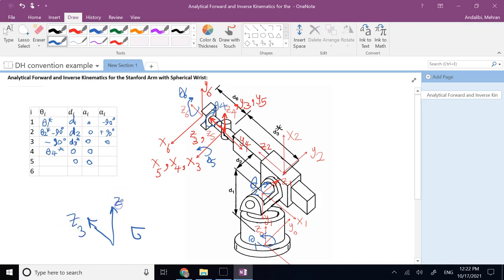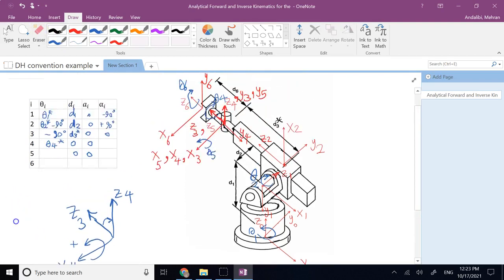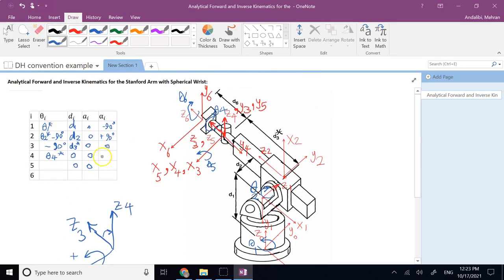This is your z4, and new x4 is like this. So the rotation that you need is this much, 90 degrees, and that is opposite to the positive direction of rotation about x4. So definitely that rotation is going to be negative 90 degrees.